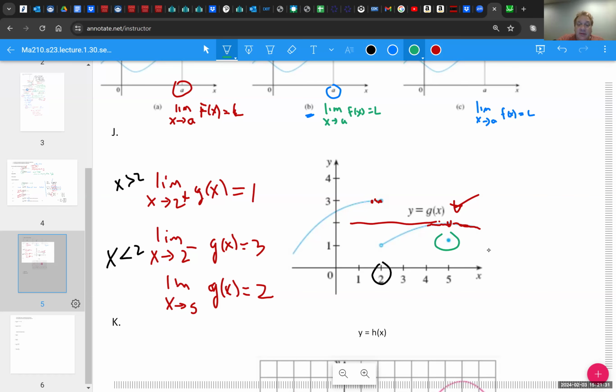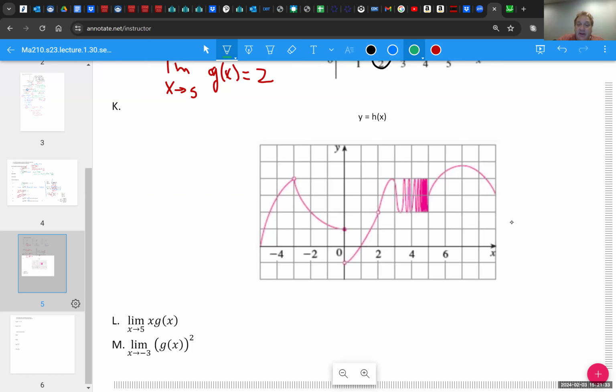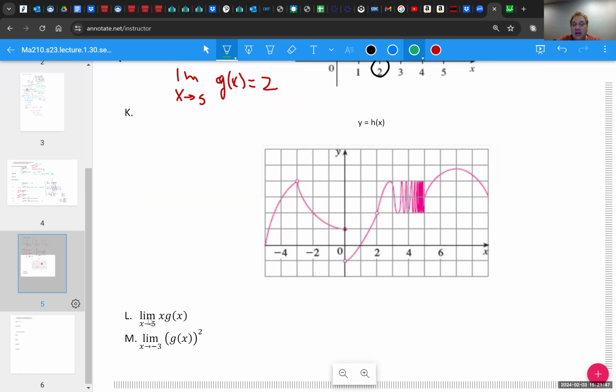Okay, so those are those examples. And then here's another example down here where I have a graph that wiggles like this. You may see a couple of wiggling graphs like this in the homework. One of the other things I wanted to show you is that we can do more complicated types of equations. Like in my example for L here, I have x times g(x).